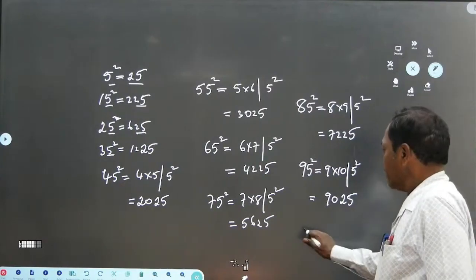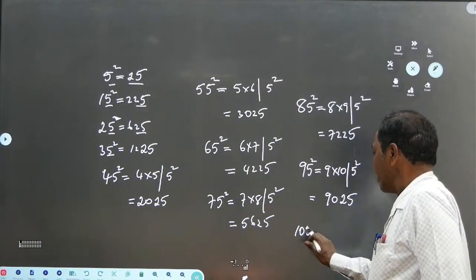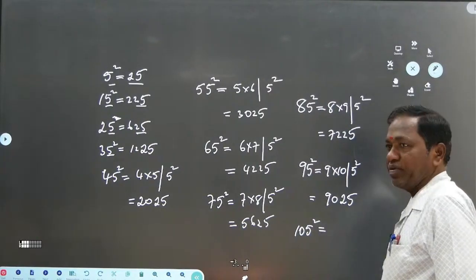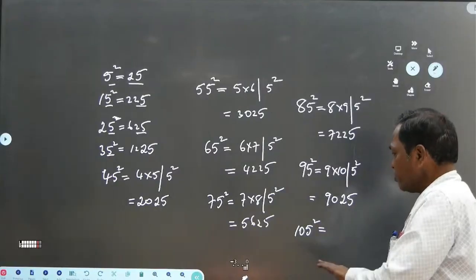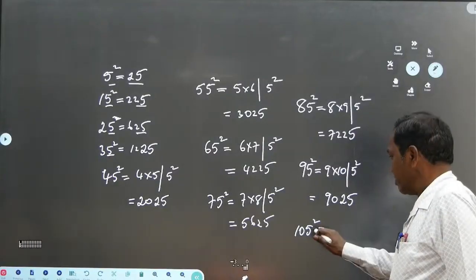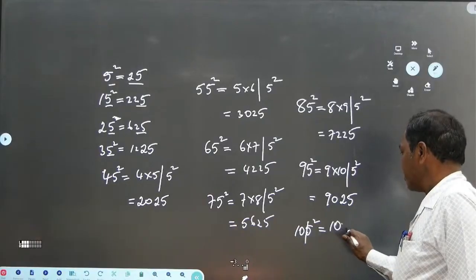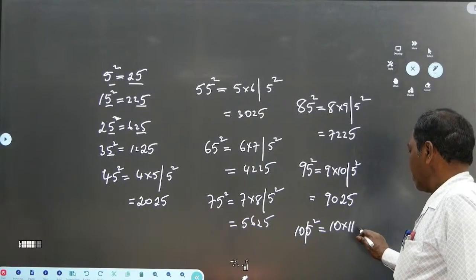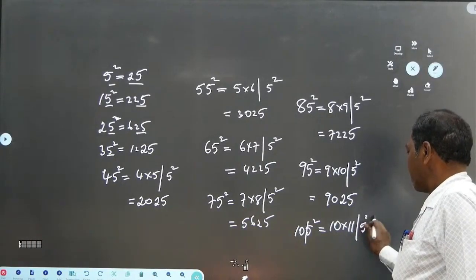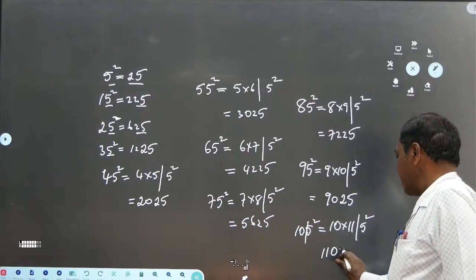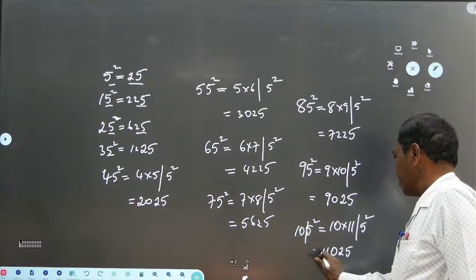And now 105 square is a 3-digit number. You just bifurcate into 2 parts: 5 can be separated from this, and 10 into 11 and another 5 square. It means 110 and 25.